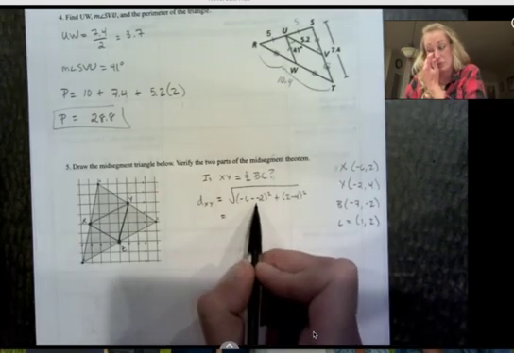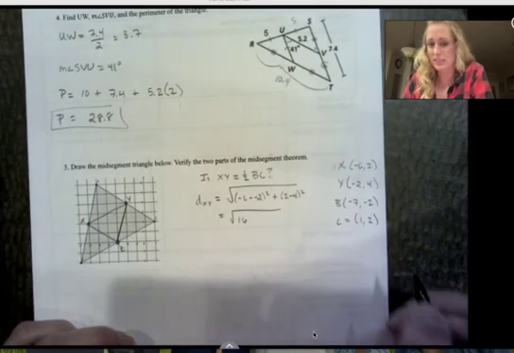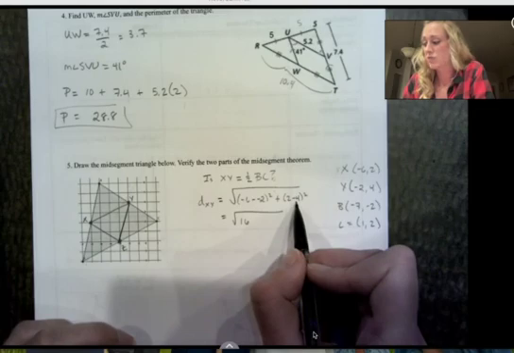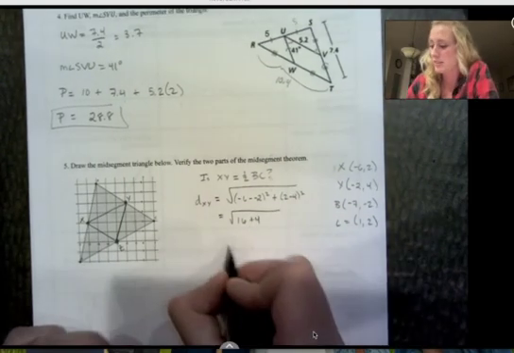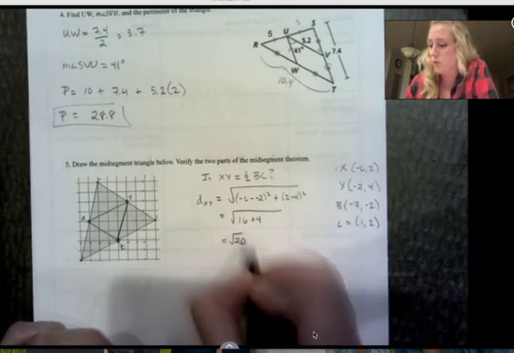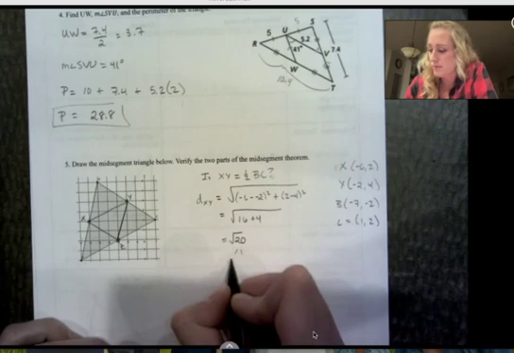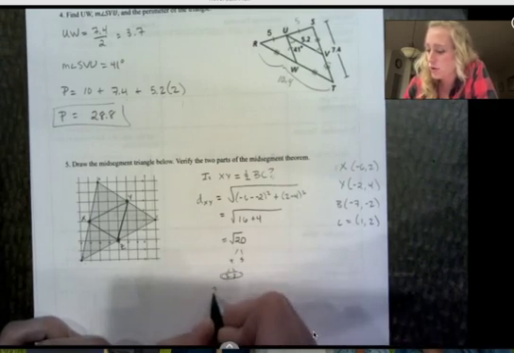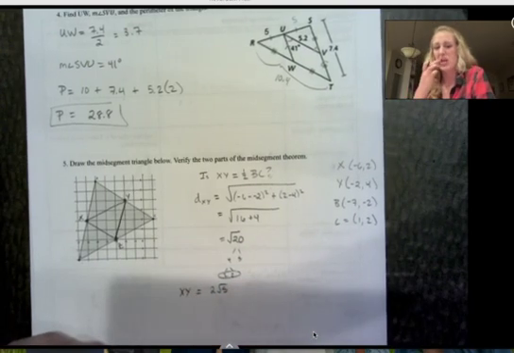So -6 plus 2 is -4. -4 squared is 16. 2 minus 4 is -2, -2 squared is 4. Remember, after squaring, it's always going to become positive. So we get square root of 20. And we can break that down, right? We can simplify. 4 and 5, 2 and 2. So 2 root 5 is what XY is equal to, okay?